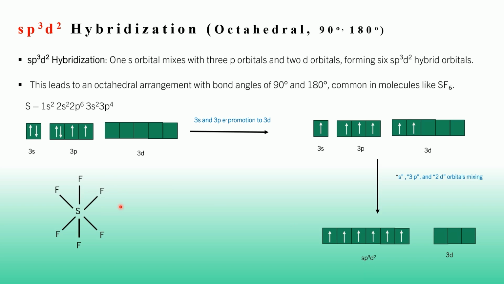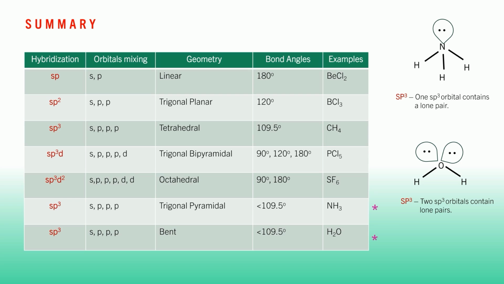There are 6 S-F bonds. So here the bond angle is 90 degrees and 180 degrees F-S-F bond angle. Geometry is octahedral.